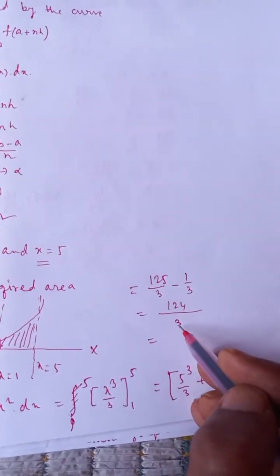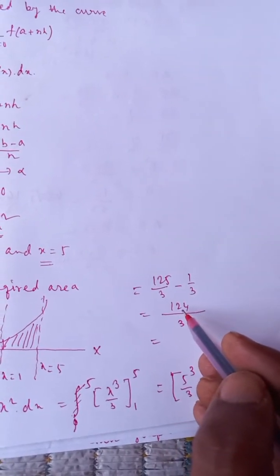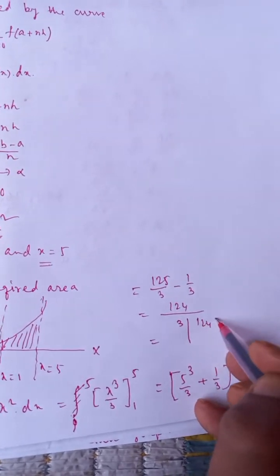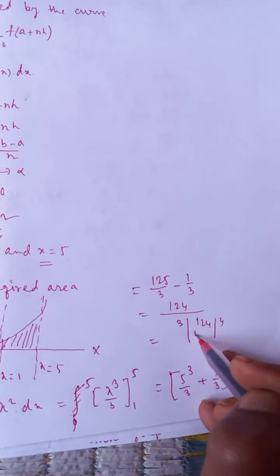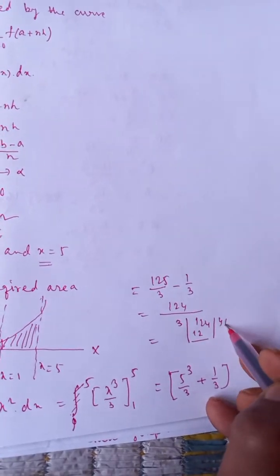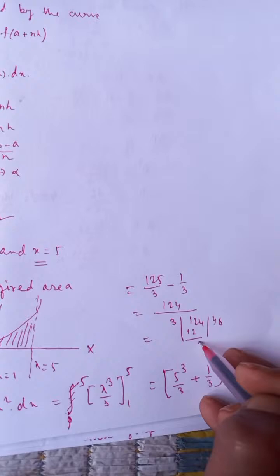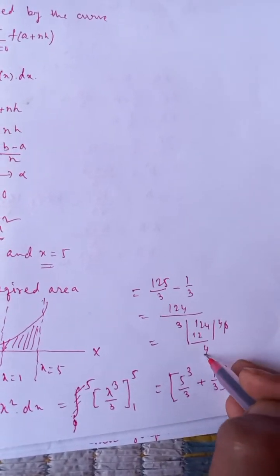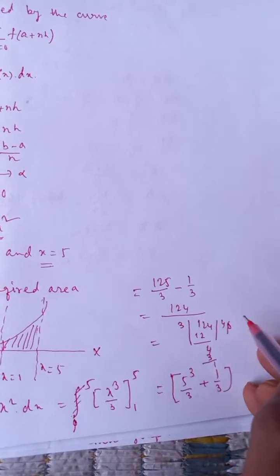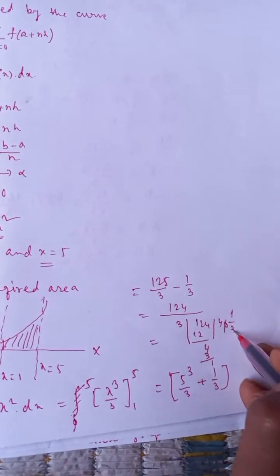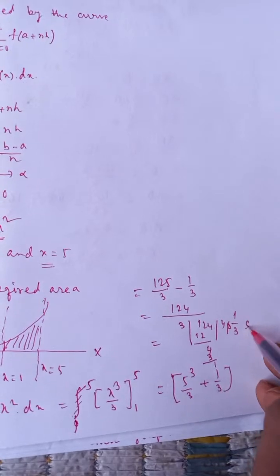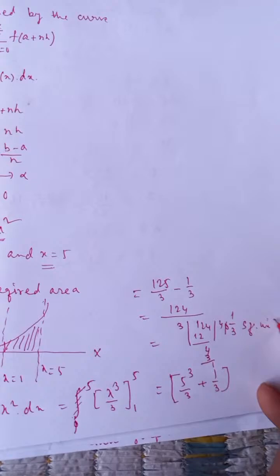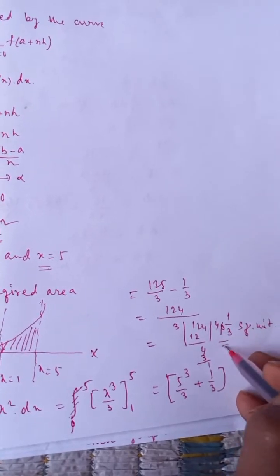If we divide this, 3 4s are 12, so this is 41 and 1 by 3. This square unit will be the required area.